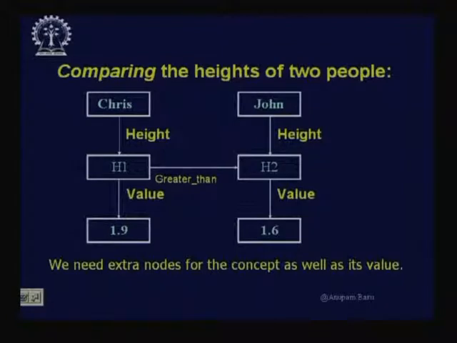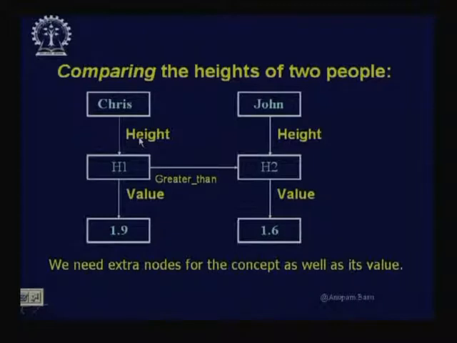Here we are now bringing in two other concepts. These are constants 1.9 and 1.6. Now, the height of Chris is h1 and the height of John is h2, and the value of h1 is 1.9 and the value of h2 is 1.6.